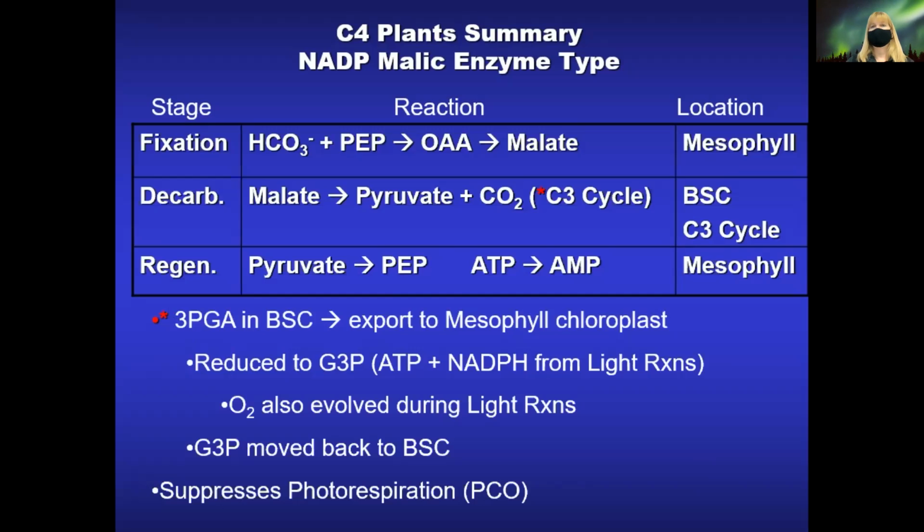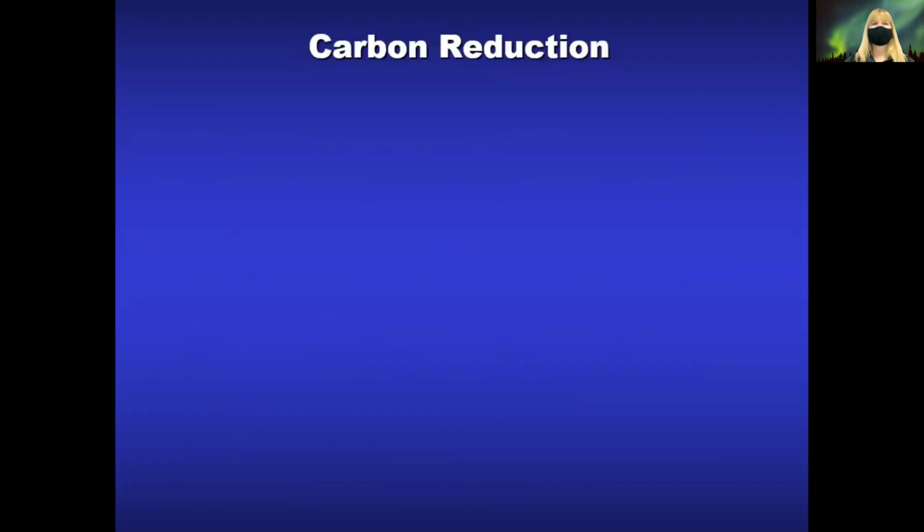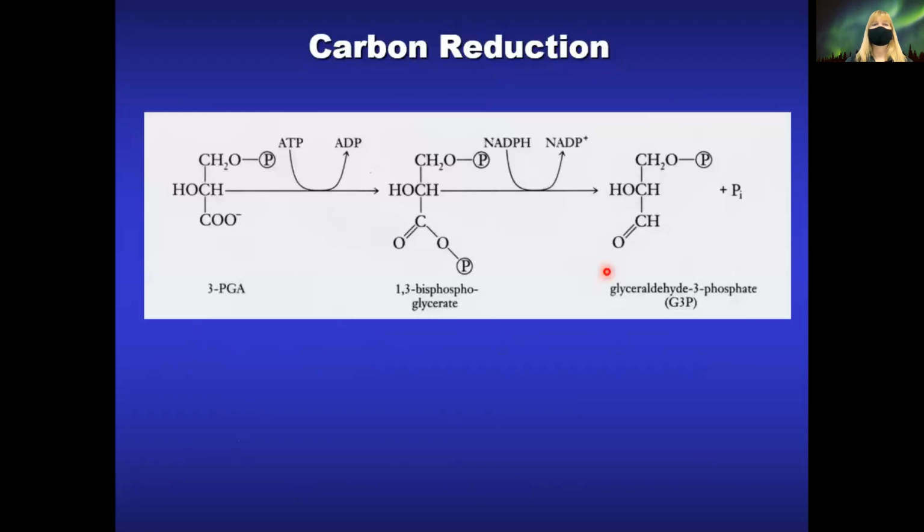Okay, so when you think about that, going back to PGA, when they shift the PGA over, this is what's happening. This is the reduction phase of the C3 cycle. So C4 plants say, okay, I'm going to push PGA out to the mesophyll cell. Let this happen in the mesophyll cell because it's during that stage that you have oxygen being produced to get ATP.